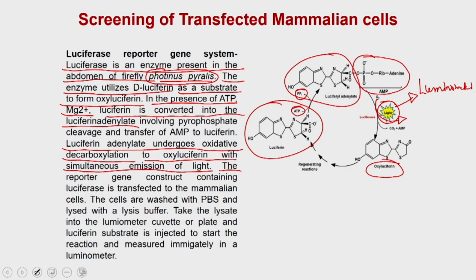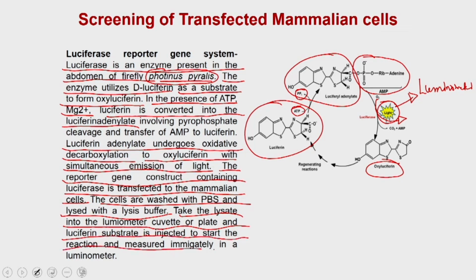The reporter gene construct containing the luciferase is transfected into mammalian cells, and the cells are washed with PBS and lysed with a lysis buffer. Take the lysate into the luminometer or cuvette, and the luciferase substrate is injected to start the reaction and measured immediately in a luminometer. As I said, this signal is very short lived.